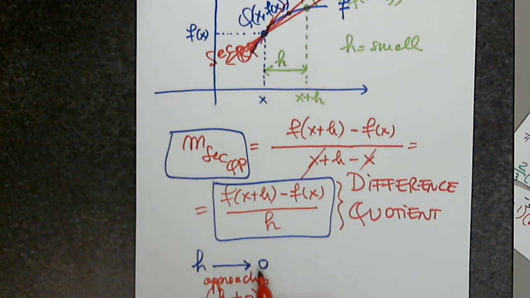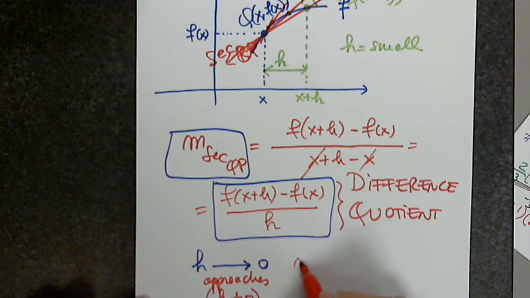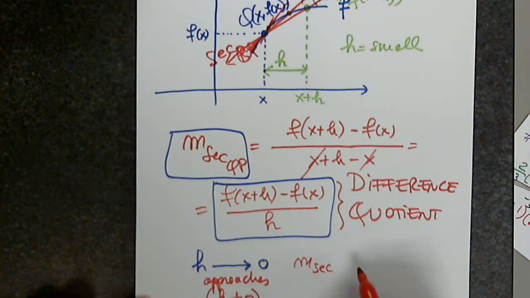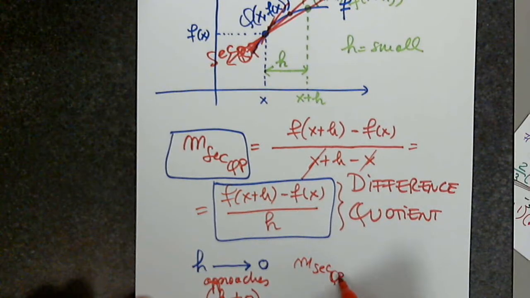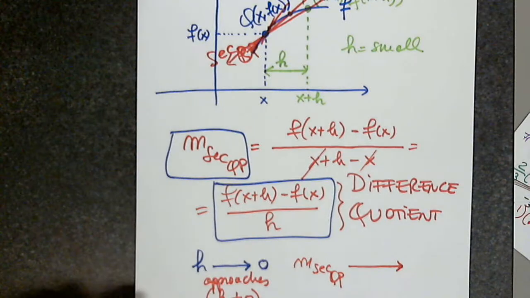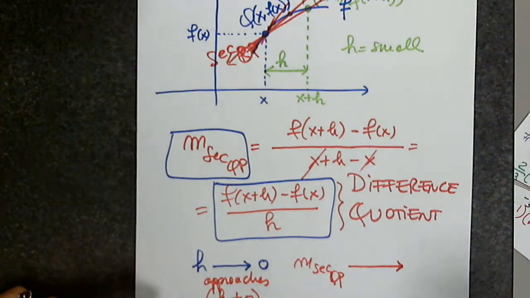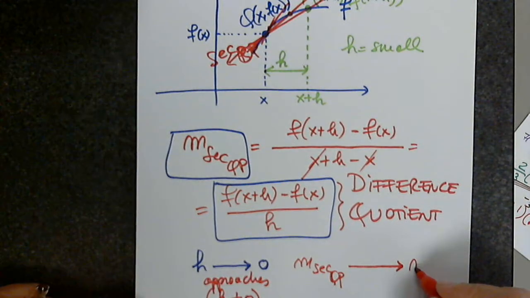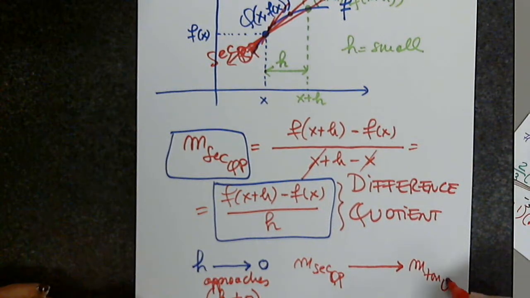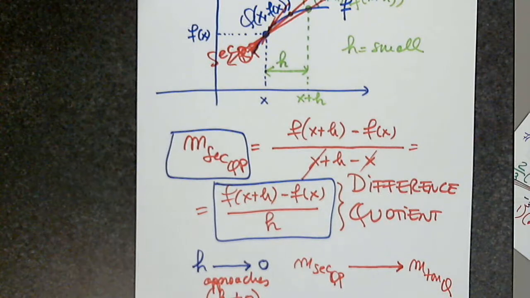So as h approaches 0, what happens to the slope of the secant line QP? Notice that I did not use the equal symbol. What will this become? The slope of the tangent line at Q. Absolutely.